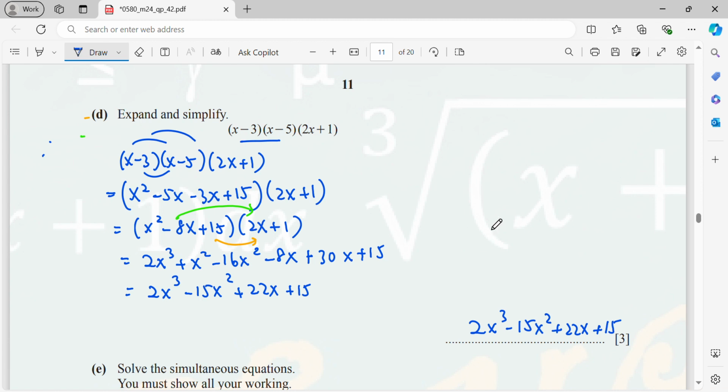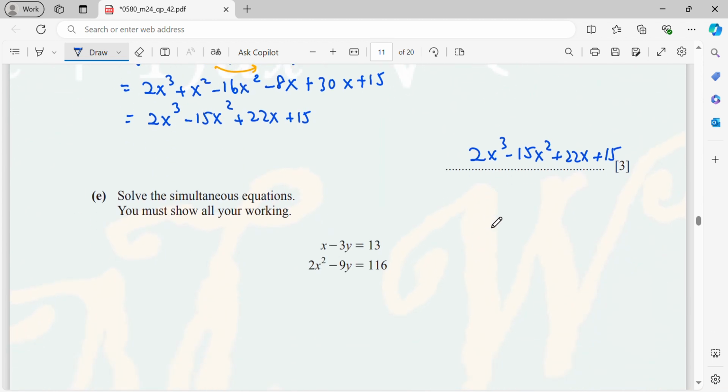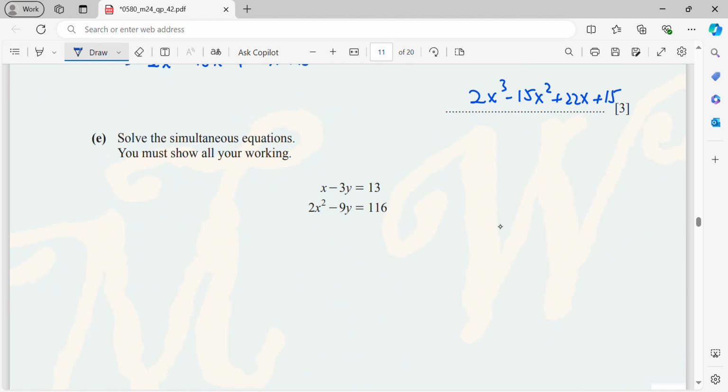Okay, so E, solve the simultaneous equations. You must show all your working. So x minus 3y equals to 13. Now I'm going to use the elimination method.